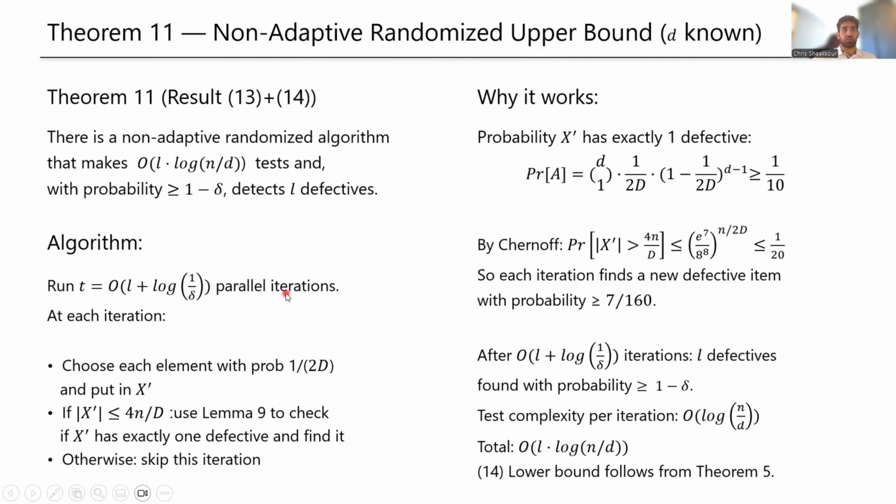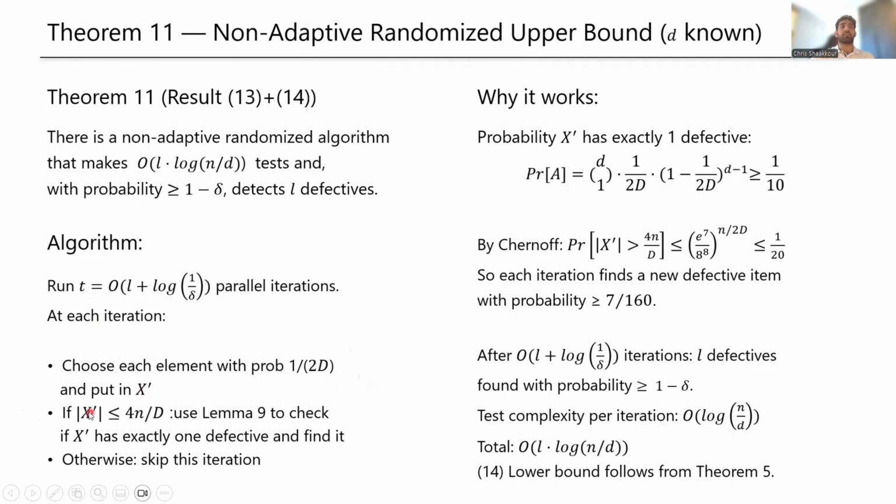And in each iteration, we choose an element from X into the group X prime with probability of 1 divided by 2D. So all the elements in the group X, which is all the items that we're trying to find the defectives on, we put each item in X into X prime with a probability of 1 divided by 2D.